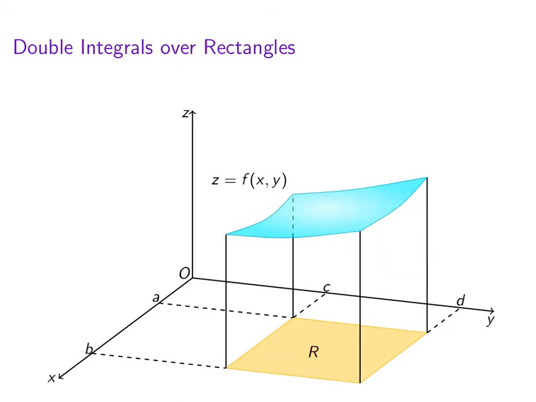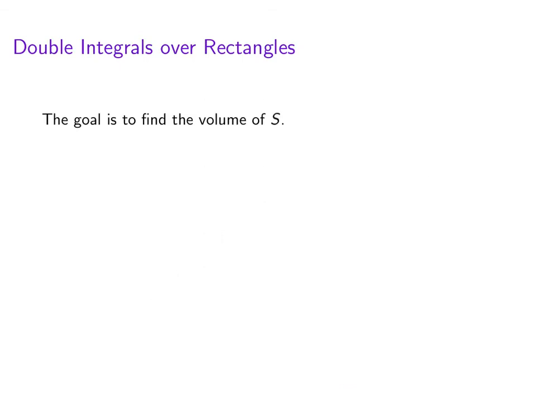This is a picture of what we are intending here. We have some surface that lies above a rectangle, and we're going to try to compute the volume that's under the surface and above the rectangle. So our goal is to find the volume of S.